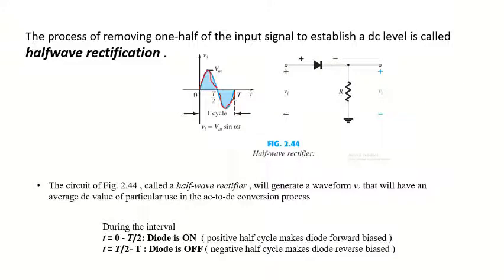In the negative half cycle the signs reverse, the diode will be in the reverse condition, so the circuit will be open and we'll get 0 potential at the output Vo.